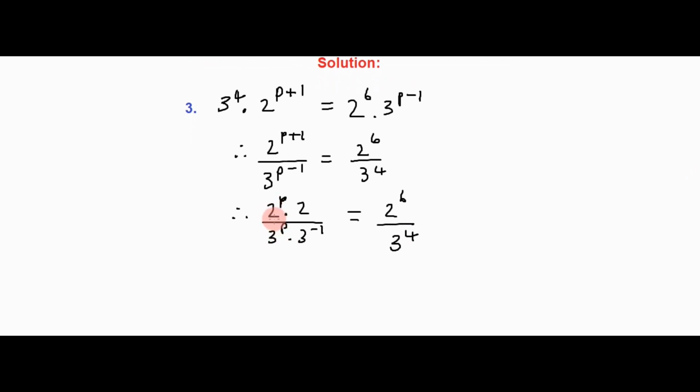Now we can isolate the factors containing p in both the numerator and denominator. We can write it as 2 over 3 all to the p. And then times 2, I'm also going to take the 3 to the negative 1 into the numerator as 3 to the positive 1.